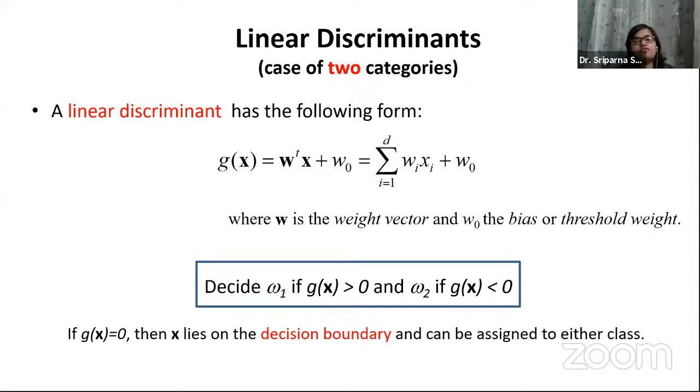Suppose you have two classes of data. For that, the linear discriminant can be represented by the function given here. That is g(x), the equation for the function. g(x) will be w transpose x, where w is the weight vector and x is the input values, plus w0, which is the bias or the threshold weight.